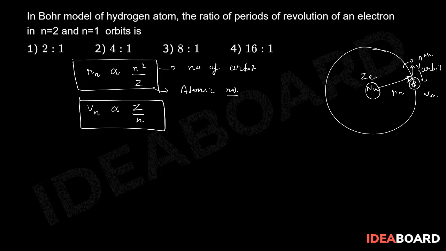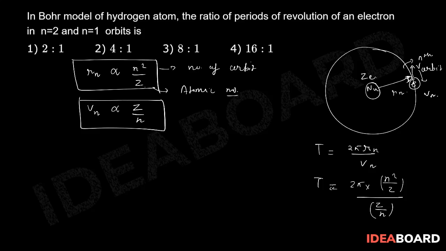So if I say what will be the time period, let me write the time period's value. T is equal to 2 pi r divided by v. For nth orbit I am using the nth value, using these relations. So 2 pi into Rn, which is proportional to n square divided by z, upon Vn, which is z by n, correct?